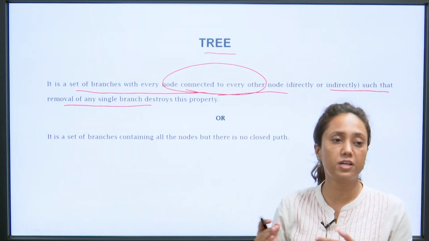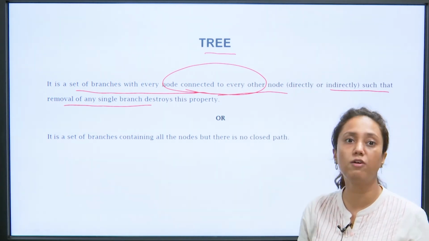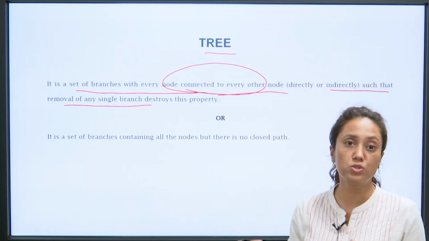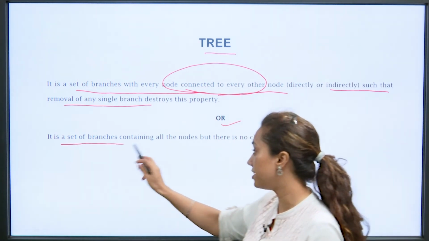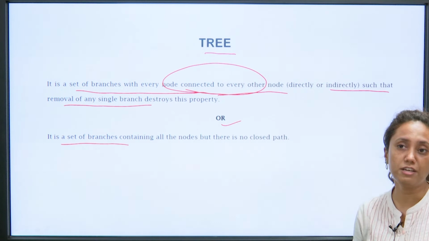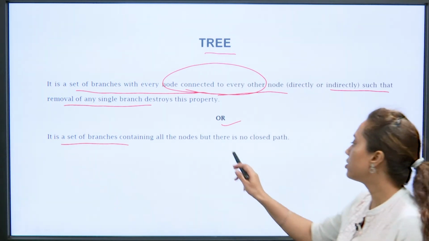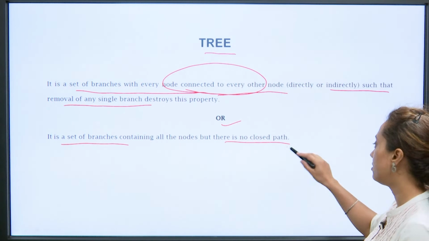Simply, we can say it is a set of branches containing all the nodes. If there are 4 nodes in a graph, then all the nodes should be there, but there is no closed path between the set of branches. So, we can say it is a tree.